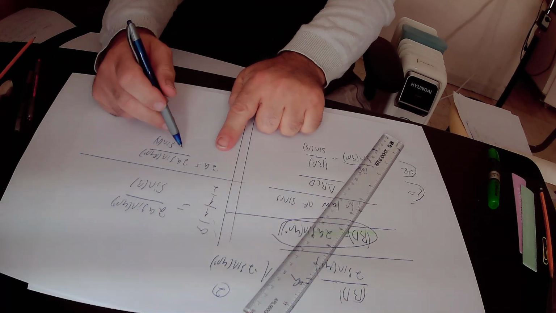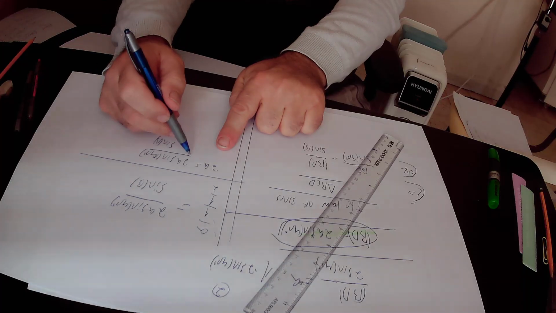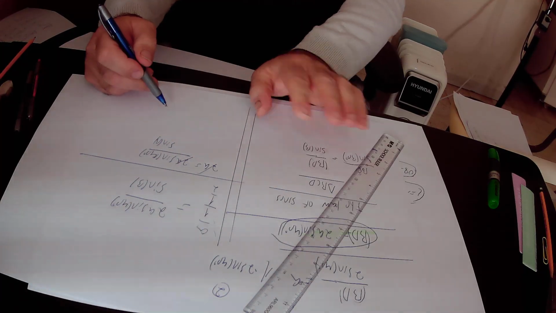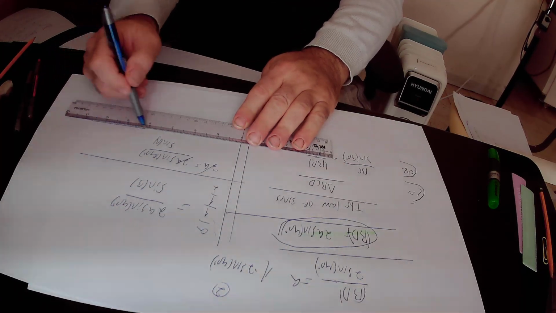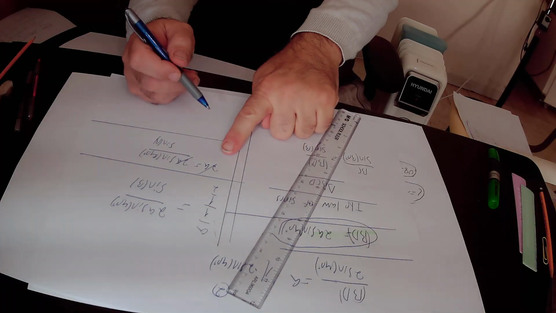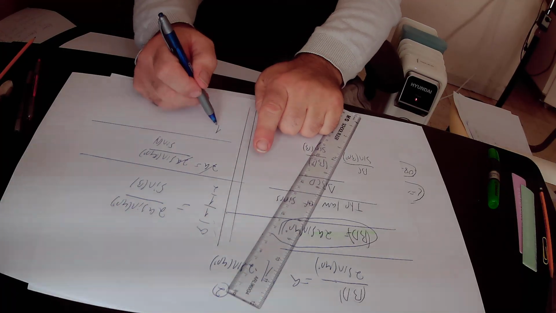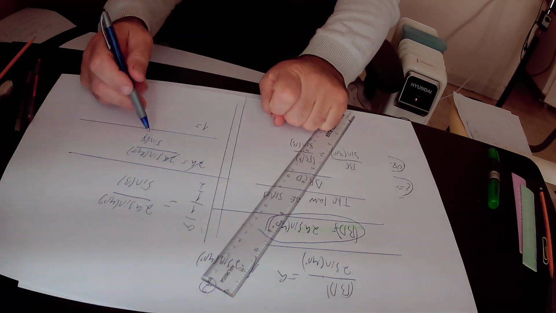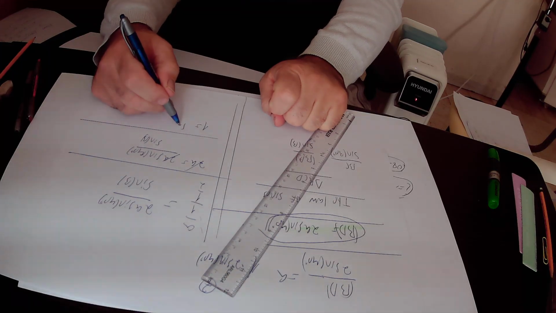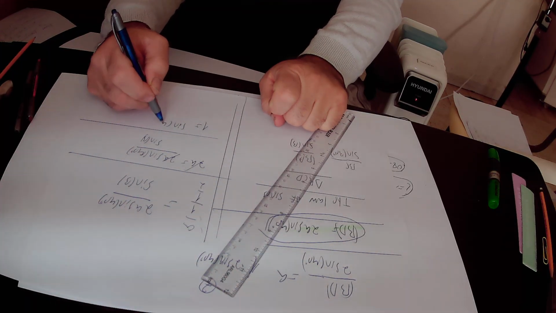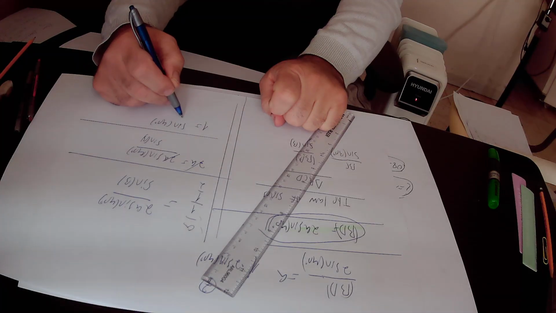Here we have 2A on both sides of this equation, so 2A will get cancelled. After we cancel 2A, on one side we have 1, since 2A over 2A is 1, while on the other side we are left with sine 40 degrees over sine beta.